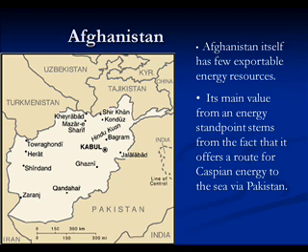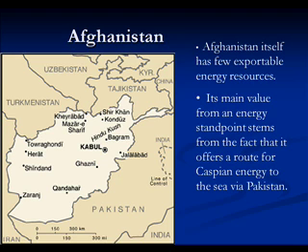One alternative route for Caspian oil and natural gas is through Afghanistan, and so that would be going from Turkmenistan to Afghanistan to Pakistan to the Indian Ocean. This would require that the Taliban basically support or not interfere with such a pipeline.